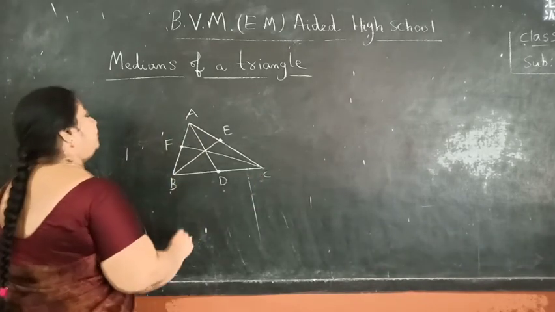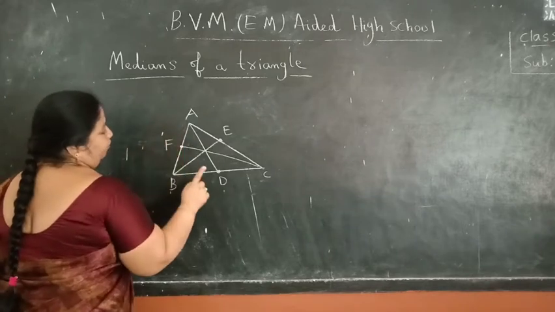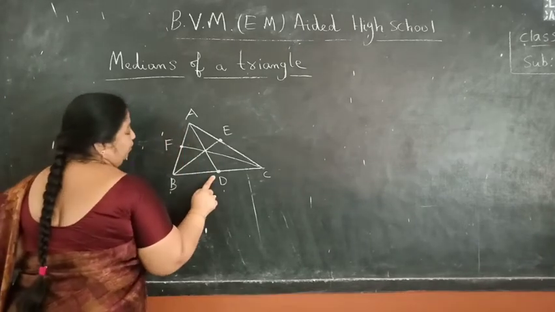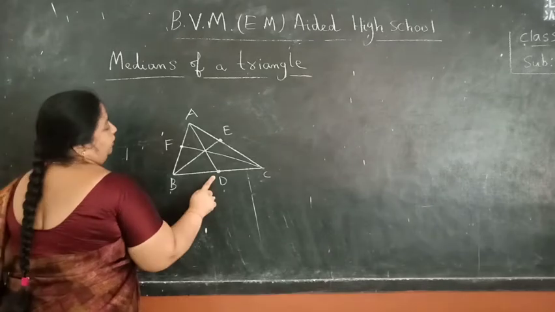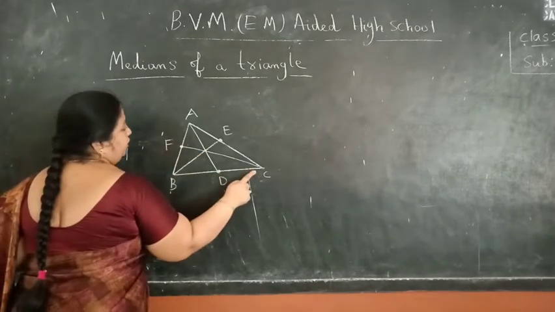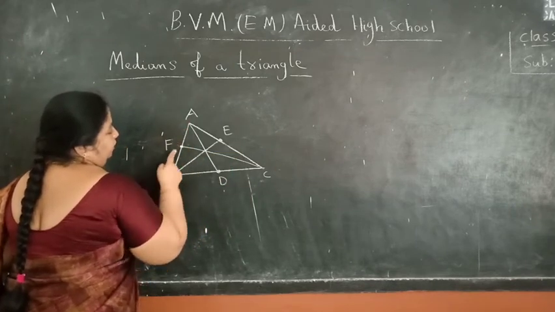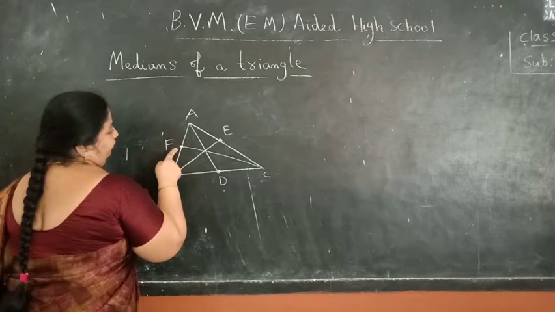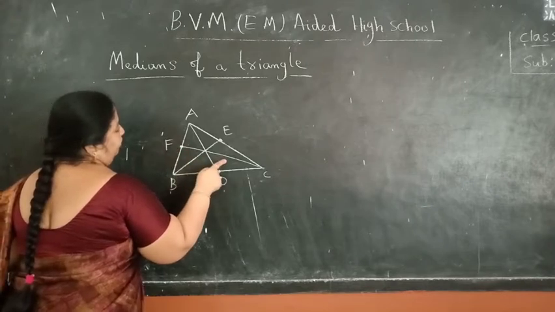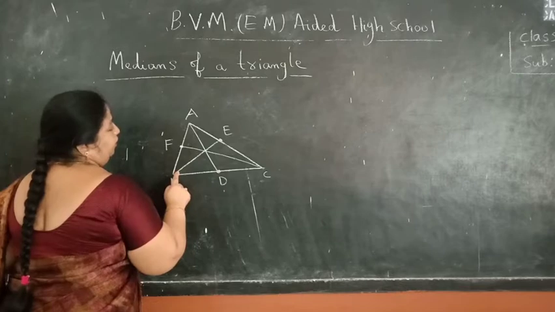From vertex A to the midpoint D, join them to form one median. From vertex C, join to the midpoint F, that is another median. B to E is another median.